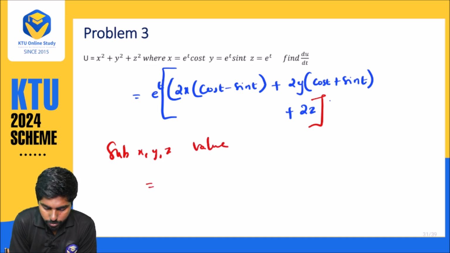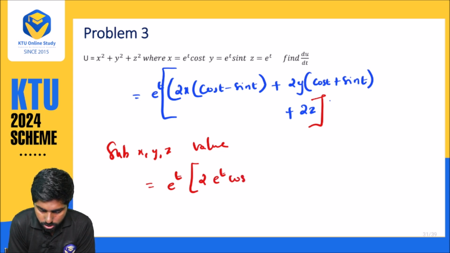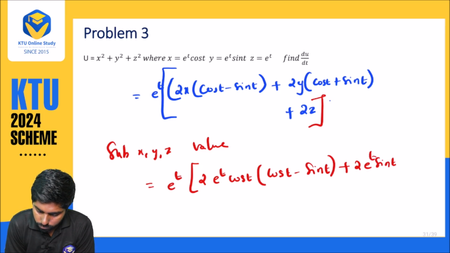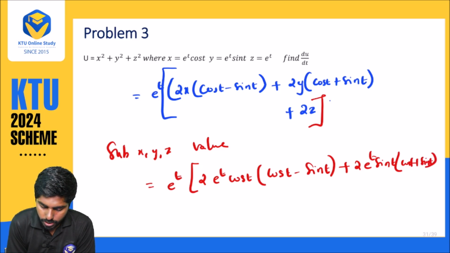So it will become e power of t into 2 into e power of t into cos t minus sin t plus 2 into e power of t into sin t into cos t plus sin t plus 2 into e power of t.